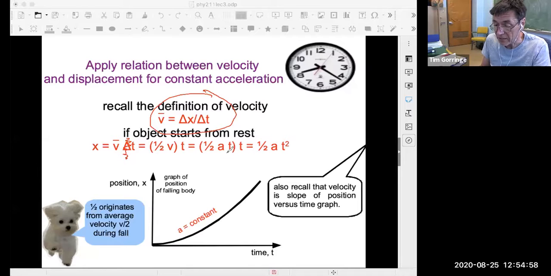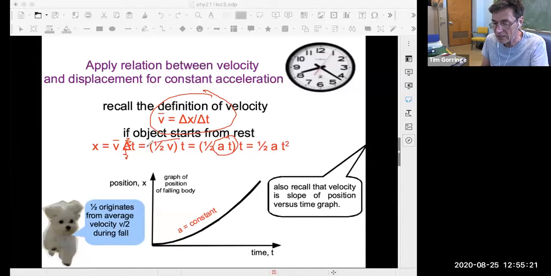Then I fed in the fact that the final velocity, based on the last slide, is equal to acceleration times time. That was the result we derived on the last slide. The velocity increases linearly with time. And so I fed in this result here.